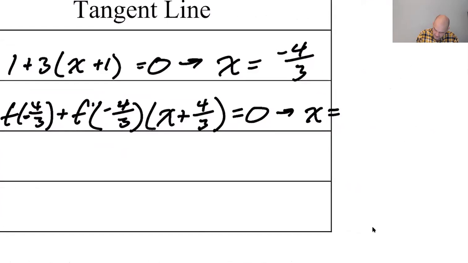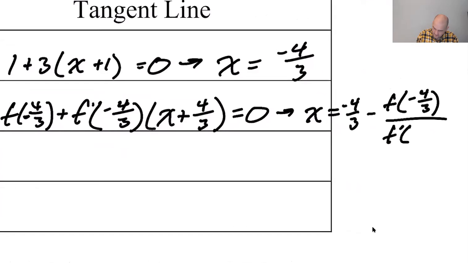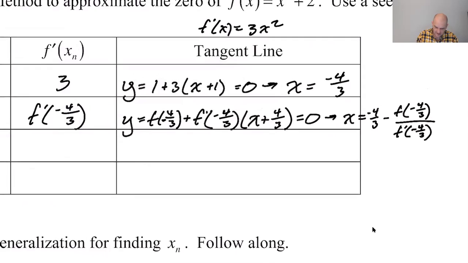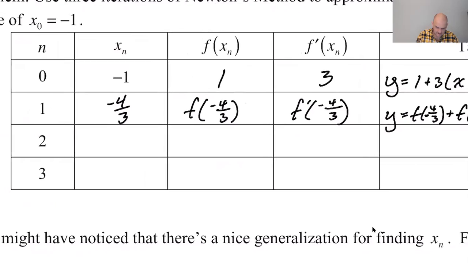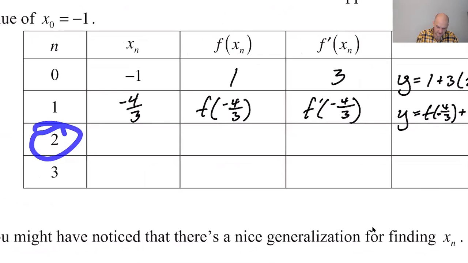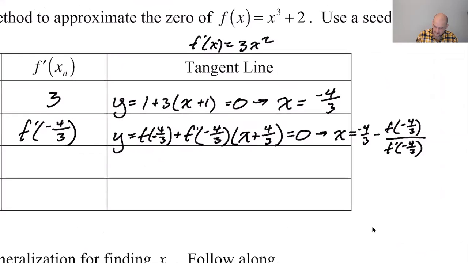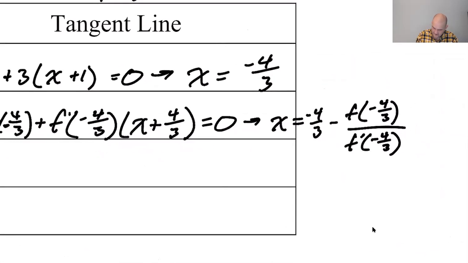So I'll end up with -4/3 minus f of -4/3 over f prime of -4/3. And that's actually going to become x sub 2, right?